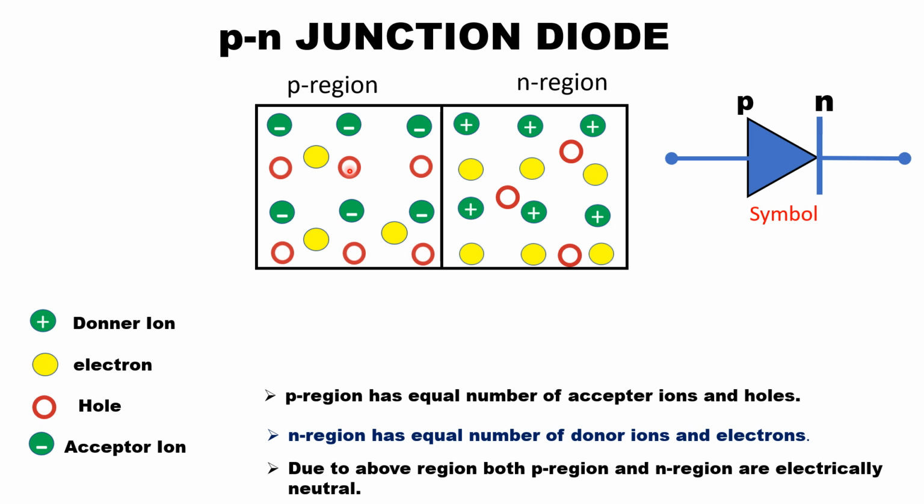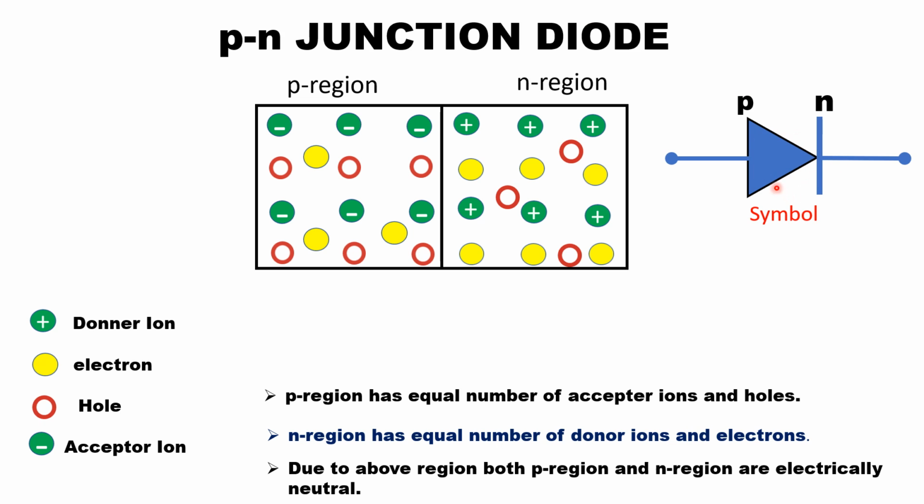Hence, the P region is electrically neutral. On the other hand, in the N region, due to pentavalent impurity, electrons are majority carriers and holes are minority carriers. Thus, due to an equal number of donor ions and electrons, the N-type region is also electrically neutral.